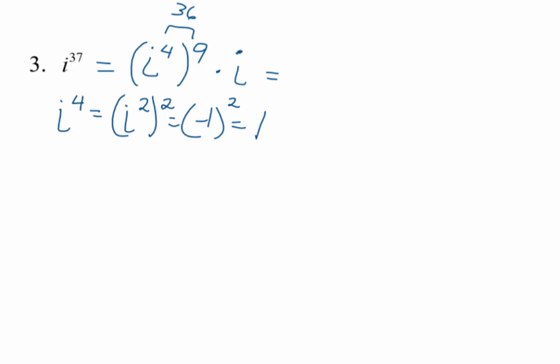Okay, but now we just remembered here that this i to the 4th is 1. And 1 to the 9th is just 1. And so here we have i. So i to the 37th can simplify to i. Okay.